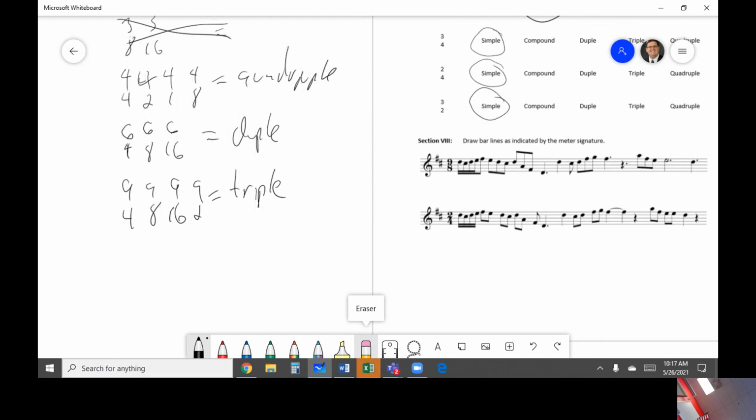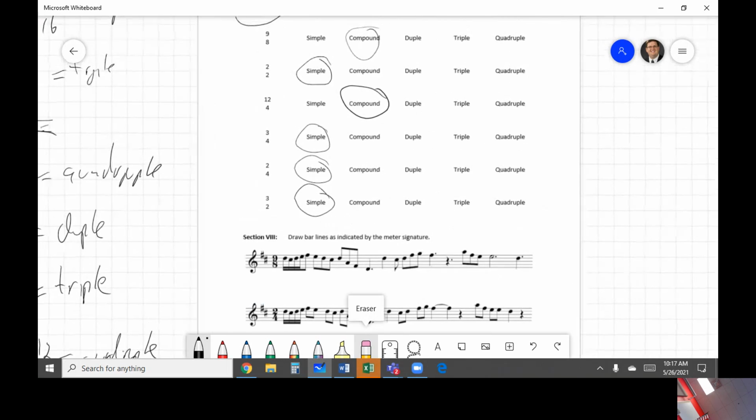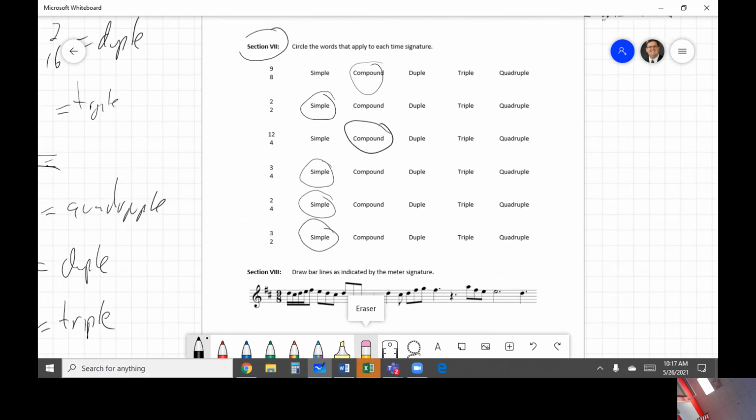Triple. 12 on the top, not going to ever see 12-2. That would be quadruple. Okay, so duple, triple, quadruple deal with the number of beats per measure.